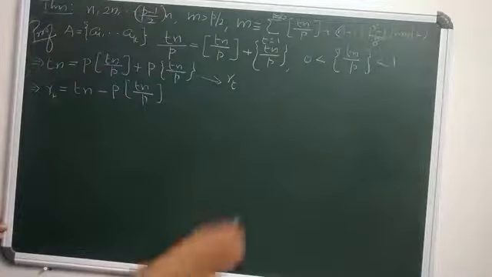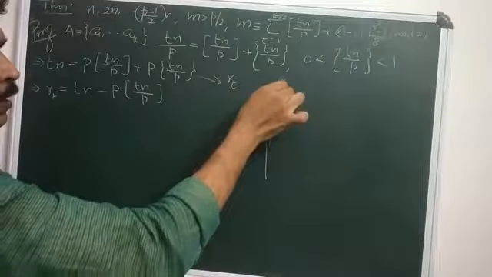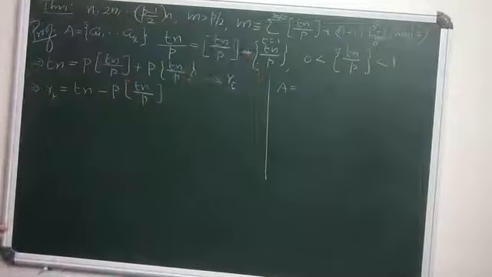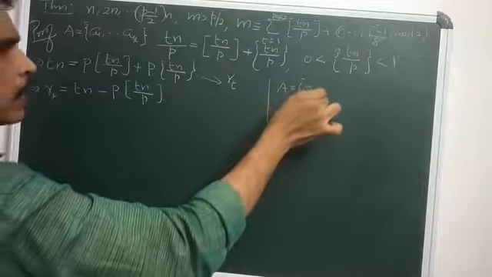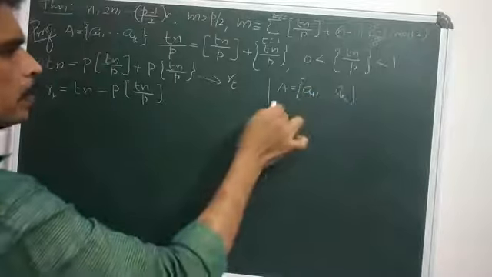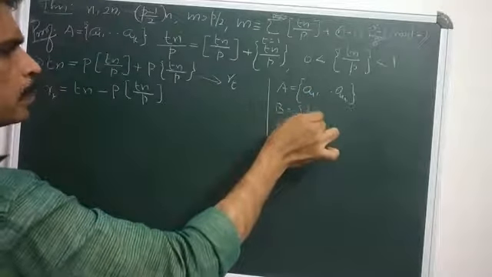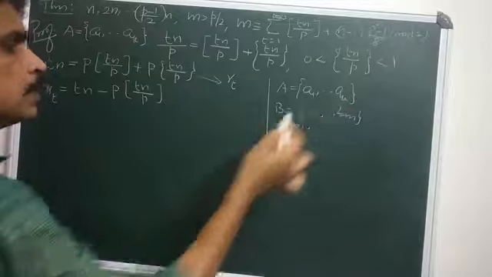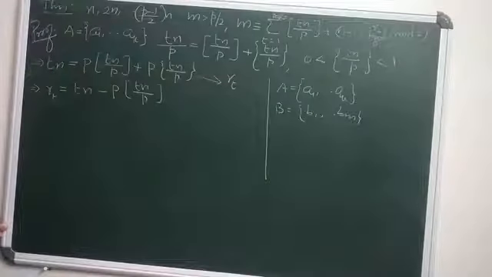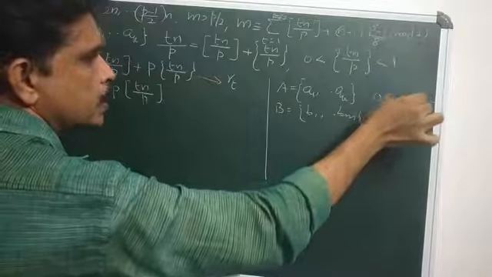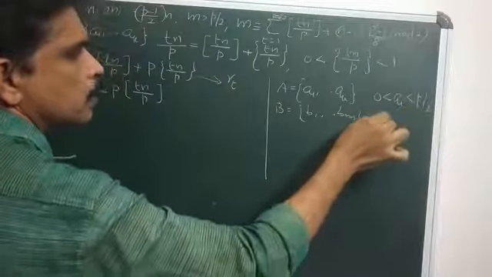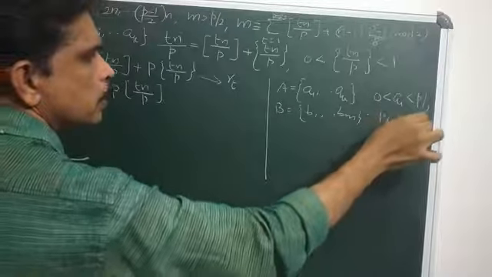Now, as in the case of the Gauss lemma, you can construct two sets. One is the set A equals a1, etc., ak, and the other is B. What is B? B equals b1, etc., bm. Then A and B are clearly mutually disjoint. Why? Because 0 is less than a, less than p by 2, and p by 2 is strictly less than bj.